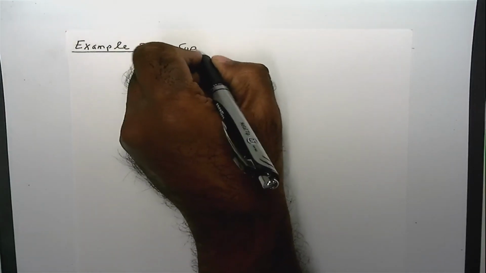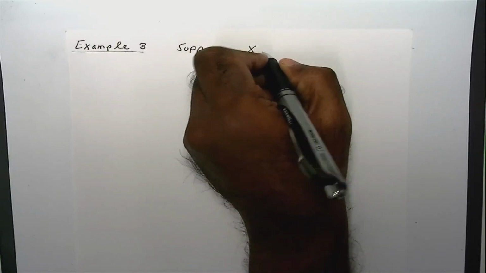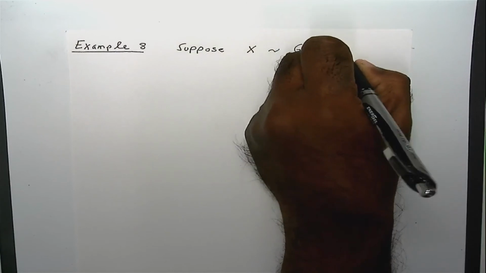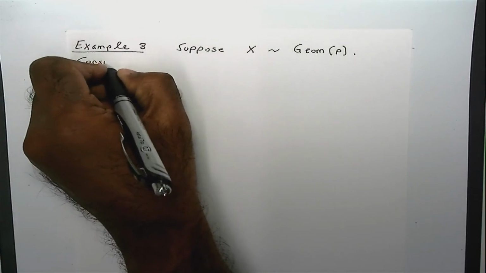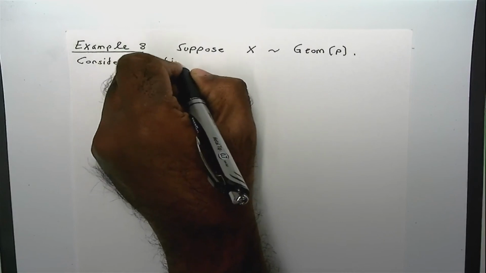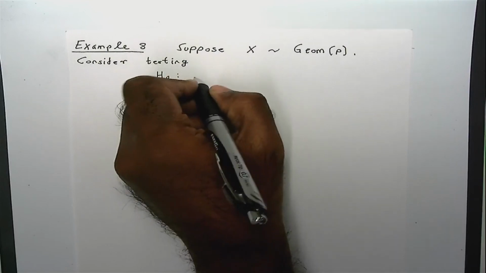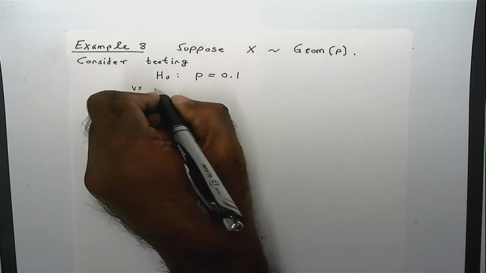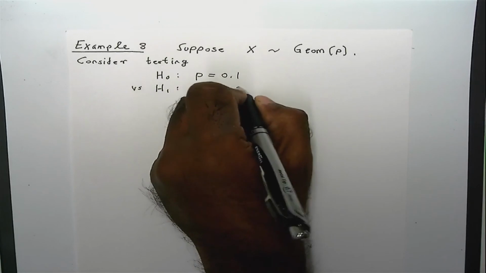Suppose you have a variable x that has the geometric distribution with parameter p. Consider testing the null hypothesis that p is 0.1 versus the alternative hypothesis that p equals 0.2.